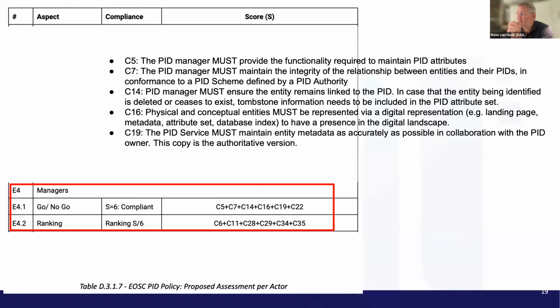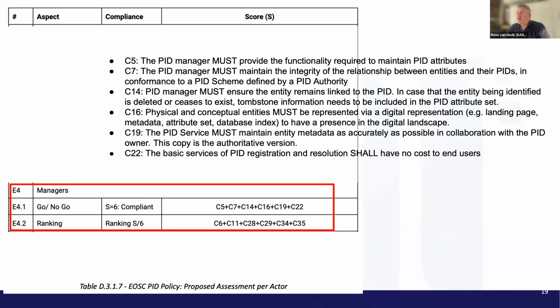We're almost there. The PID service must maintain entity metadata as accurately as possible in collaboration with the PID owner. This copy is the authoritative version. And the last one for the manager, the criteria that has a go or no go aspect: the basic service of PID registration and resolution shall have no cost.